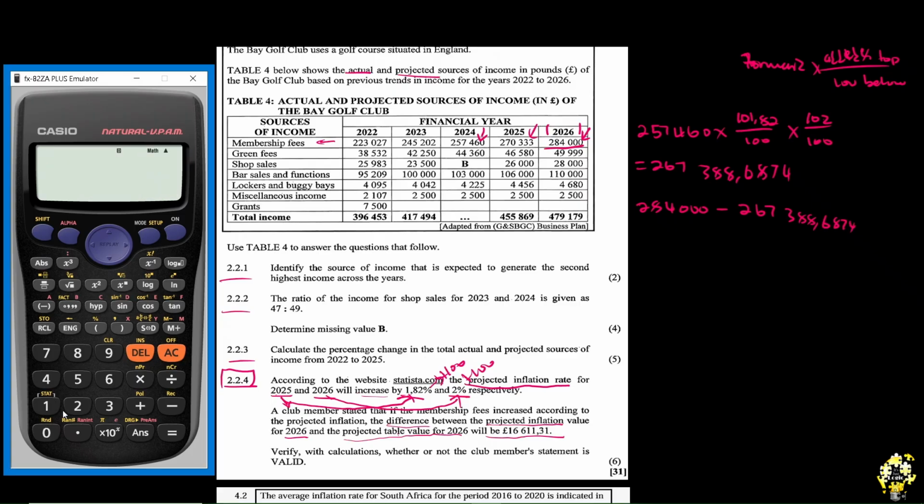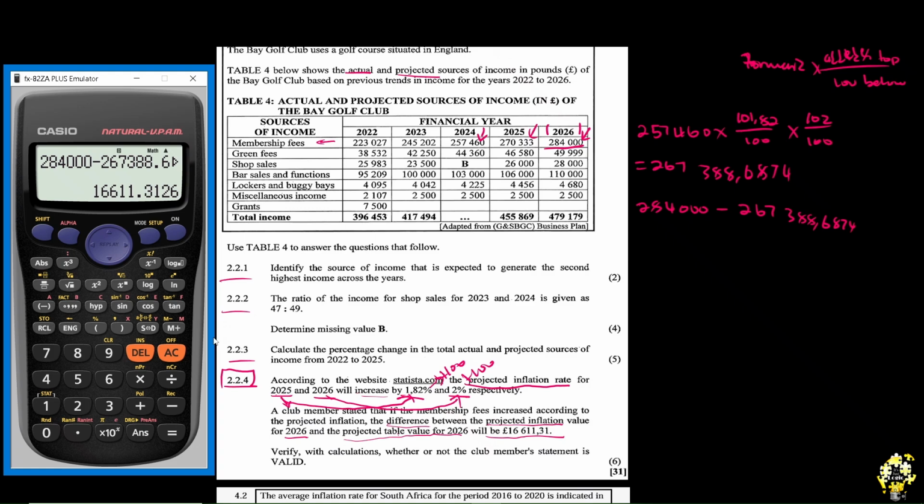So you can go to the calculator and say 284 subtract 267,388.6874.